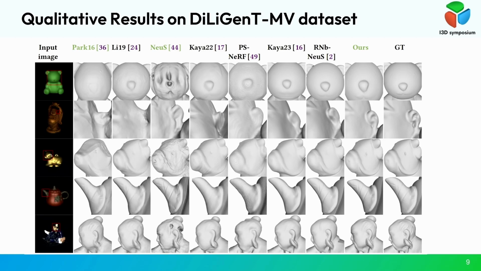The methods highlighted in green in the top row are the multi-view stereo (MVS) methods, while the methods highlighted in black are multi-view photometric stereo methods. Across all the methods, our method gives the best reconstructions, closest to the ground truth.